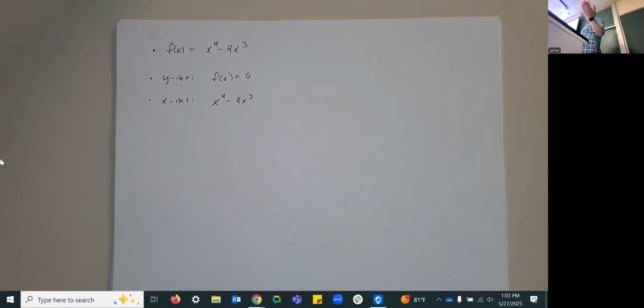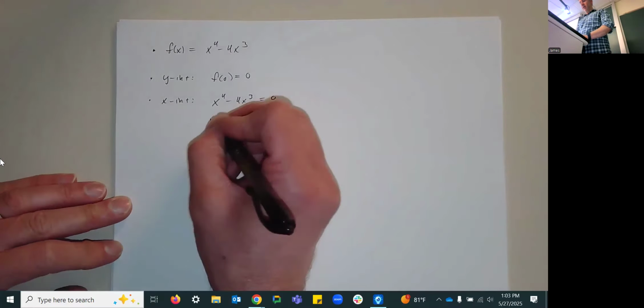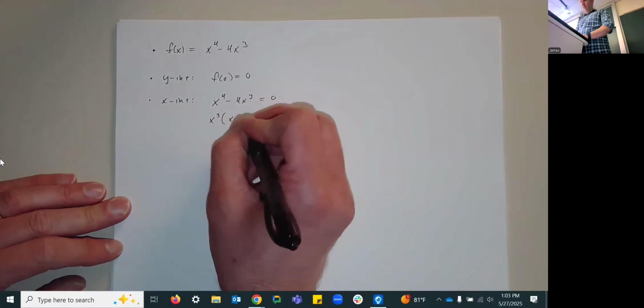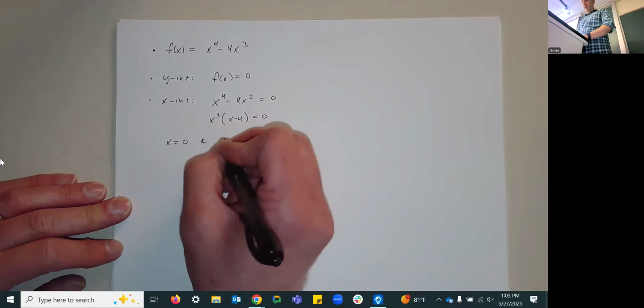By the x things, I mean the x-intercepts and the vertical asymptotes. Usually when you find the y things, like the y-intercept or the horizontal asymptotes, it's almost better to have the function multiplied out. So here it's much easier to find the x-intercepts by factoring out x cubed. And we have x cubed times x minus 4 equal to 0. So we get x equal to 0 and x equal to 4.